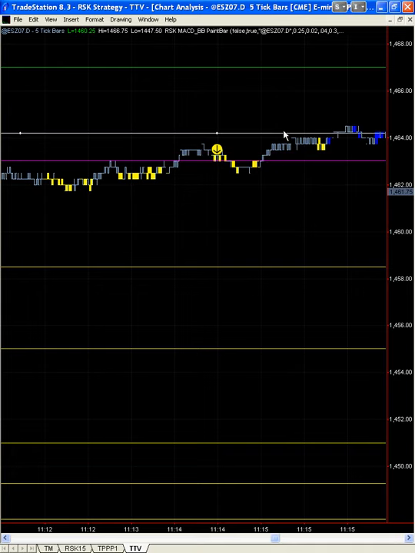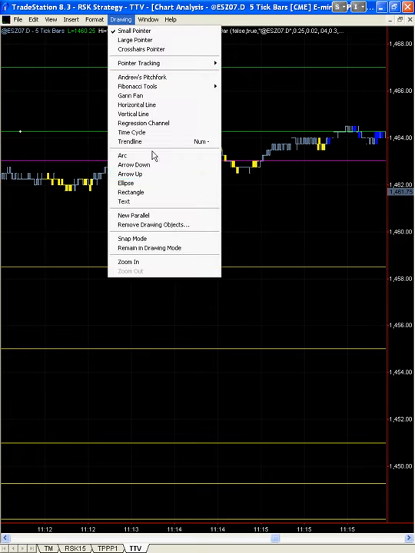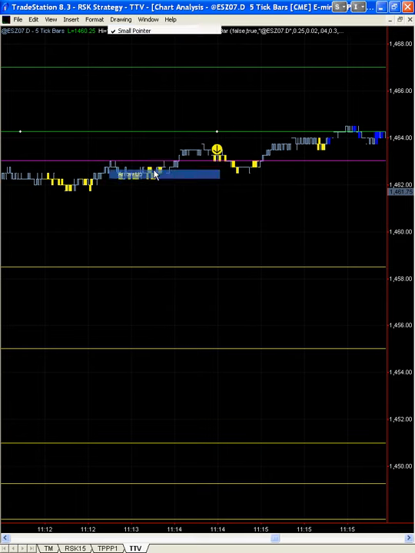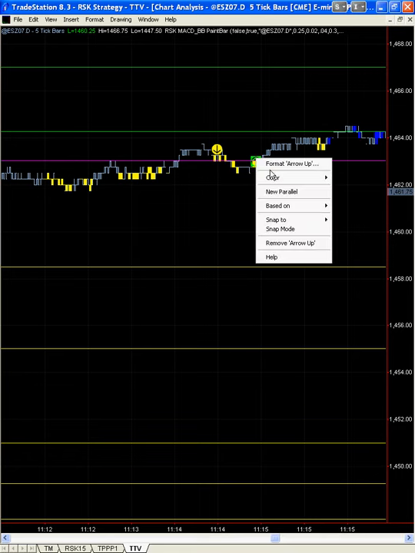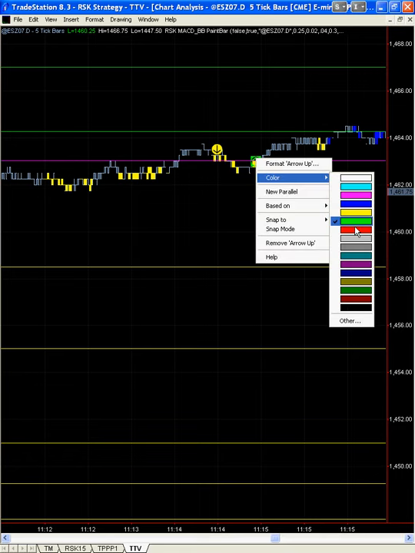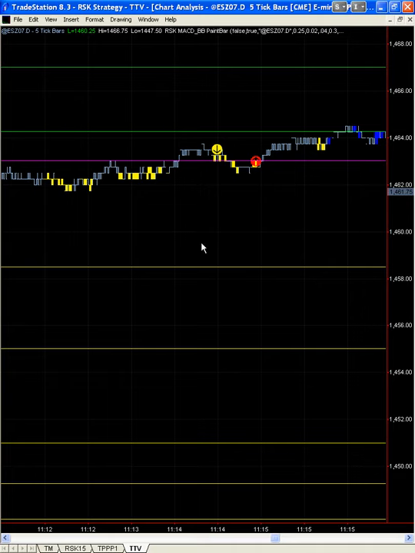So on this particular trade, we'll just color that a little differently. We get stopped out. But where were we on the MACD? Let's take a look at that.